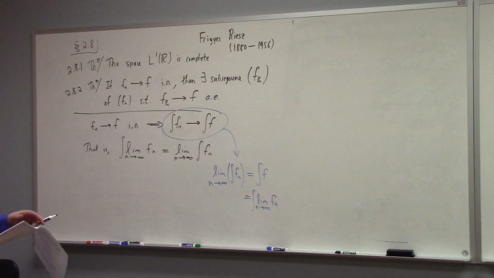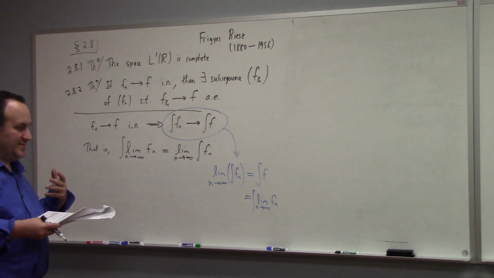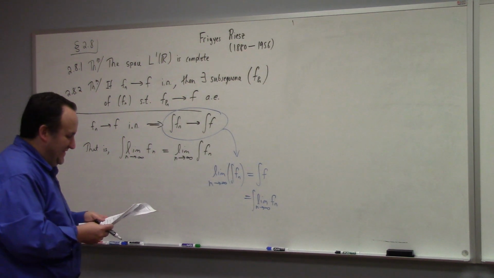Let's see here. So he says convergence almost everywhere does not share this property. And that makes sense to me because convergence almost everywhere is almost pointwise convergence. Almost.